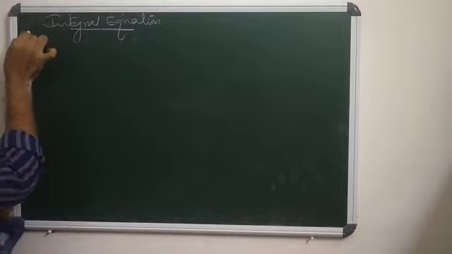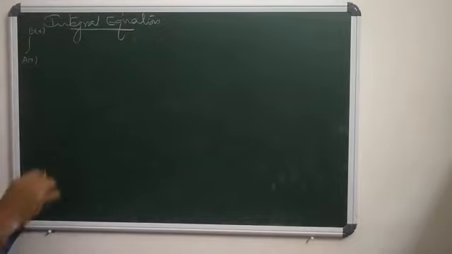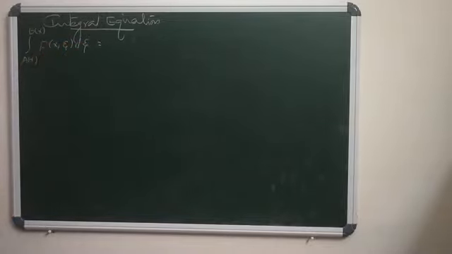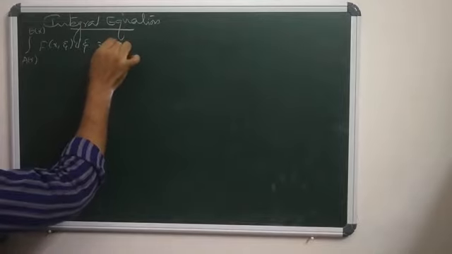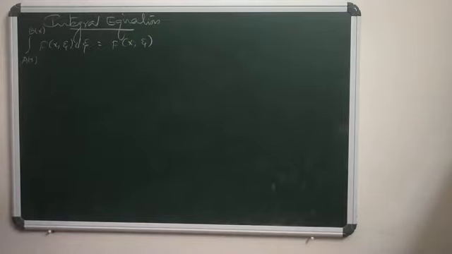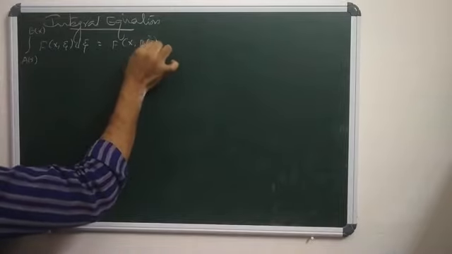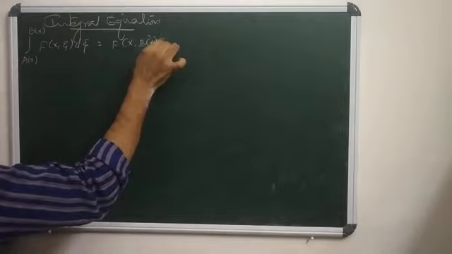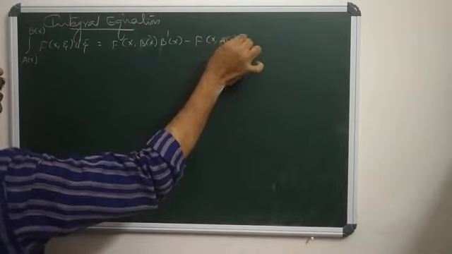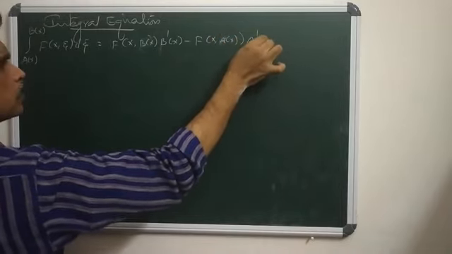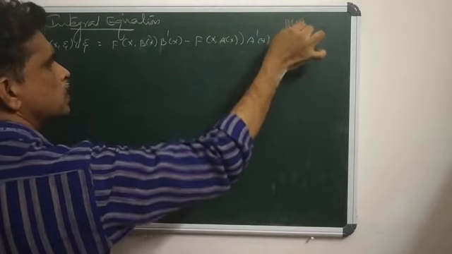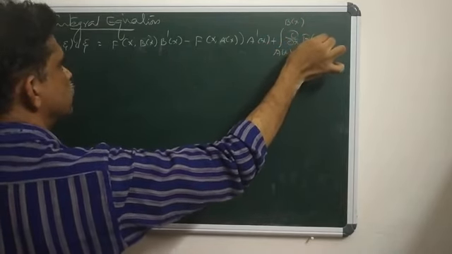We know that the integral from a(x) to b(x) of f(x,theta) d theta equals f(x,b(x)) times b'(x) minus f(x,a(x)) times a'(x) plus the integral from a(x) to b(x) of the partial derivative with respect to x of f(x,theta) d theta.